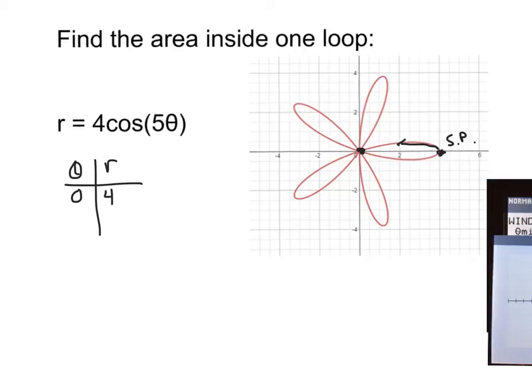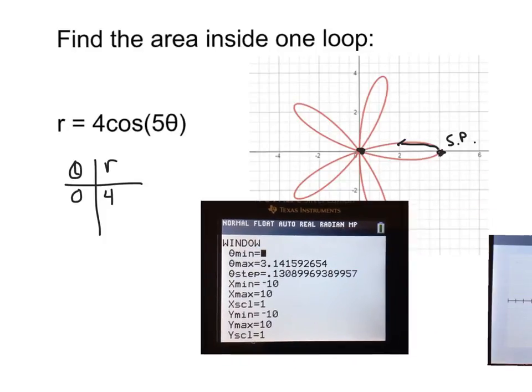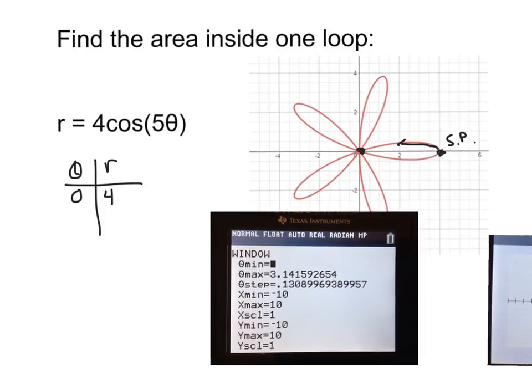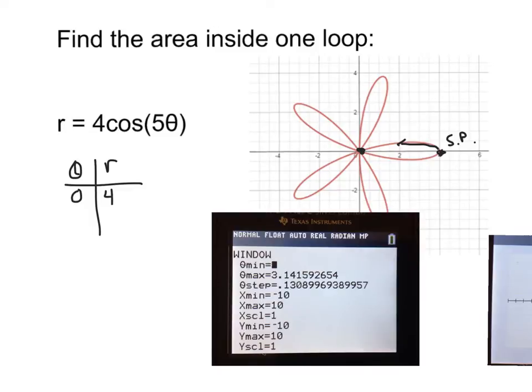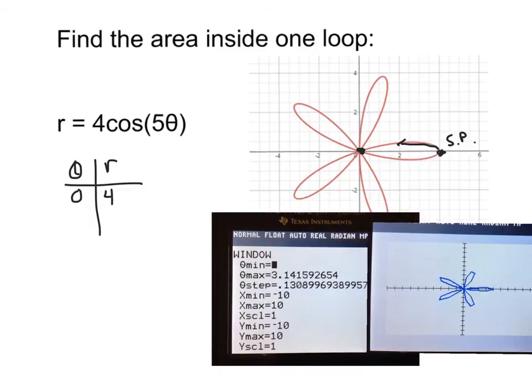I wanted the graph, and in fact, I started with 0 to 2 pi, and I got the graph I wanted, but then I changed my window from 0 to pi, and you'll see I still got the graph I wanted. So in fact, 0 to pi gives us the entire shape.